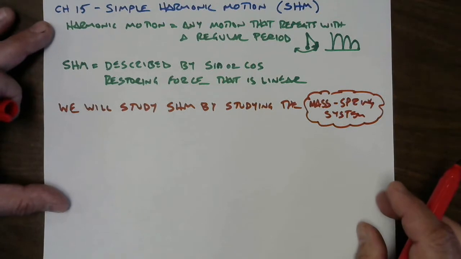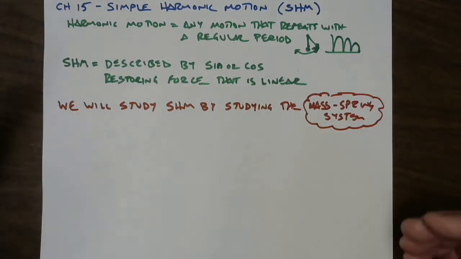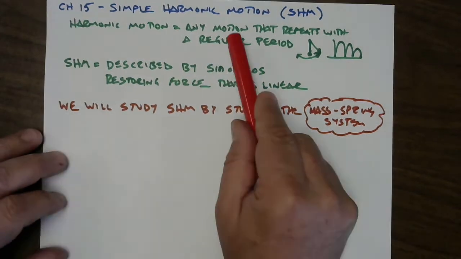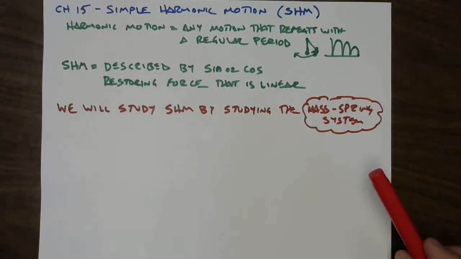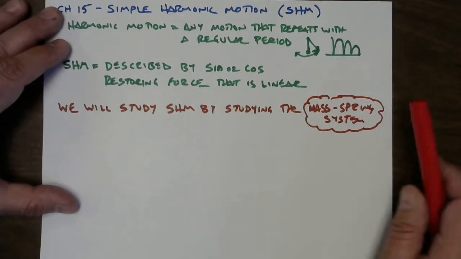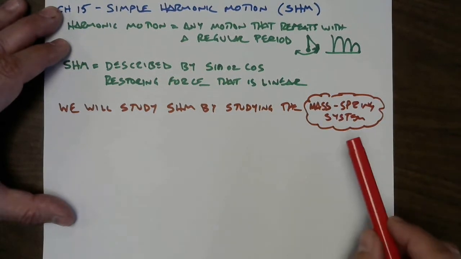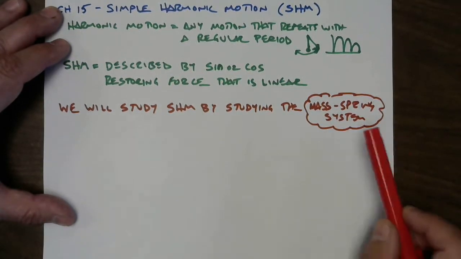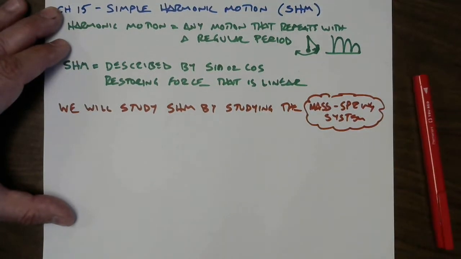This is the simplest thing you can imagine building that behaves in this nice oscillatory fashion and goes back and forth with a regular period described by sine or cosine and has a restoring force that is linear. And so if you can study the mass and spring system and understand how it works, pay attention to all the steps you go through, then any other system can be studied by just following the same steps with slightly different numbers or reasons. So that's what we're going to do.